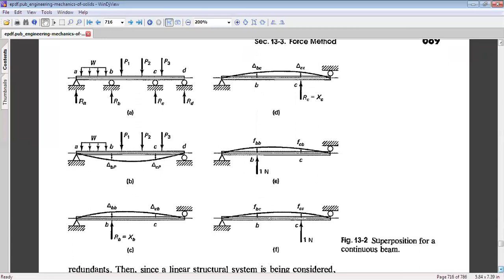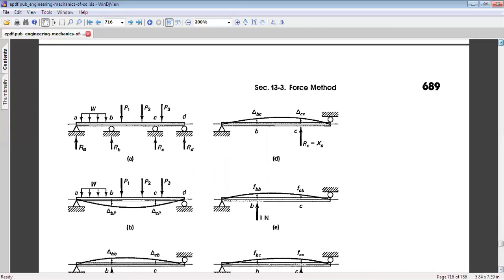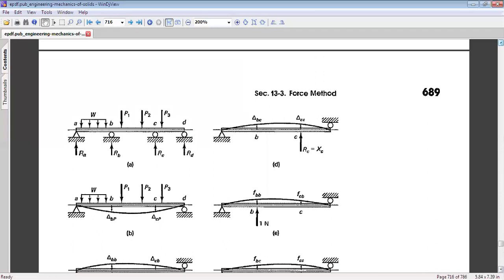Now, to understand more, let us look at figure 13.2. In figure A, we can see we have vertical reactions RA, RB, RC, RD, and external loads capital P1, capital P2, capital P3, and a distributed load capital W. This is an indeterminate system, which would become determinate if we remove reactions RA and RC.